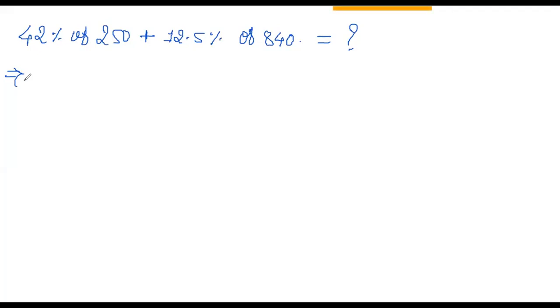Or you can calculate it separately. 12.5% means 25 by 2. 42% of 250 is 42 divided by 100 into 250, and here 25 by 2 divided by 100 into 840.